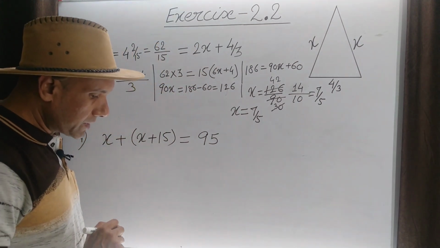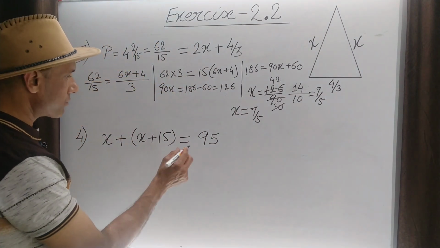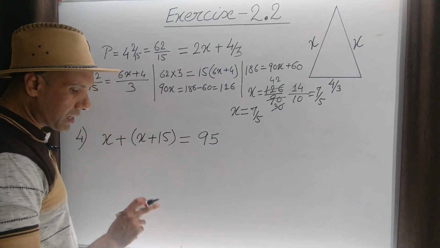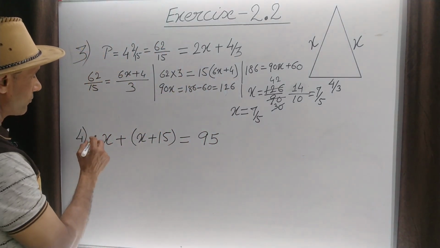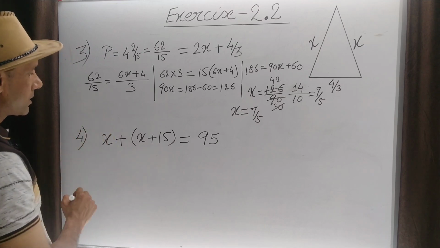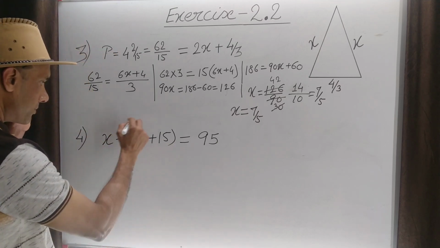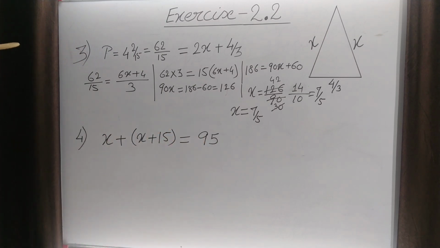Sum of two numbers is 95 and one number exceeds the other by 15. So let one number be x, so the other number will be x plus 15, and the sum of these two numbers is 95. Correct?